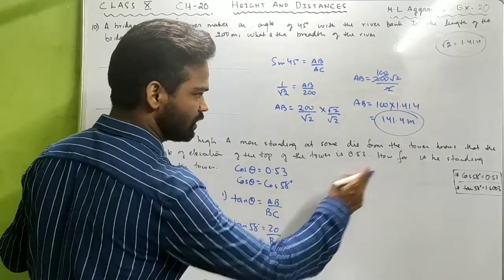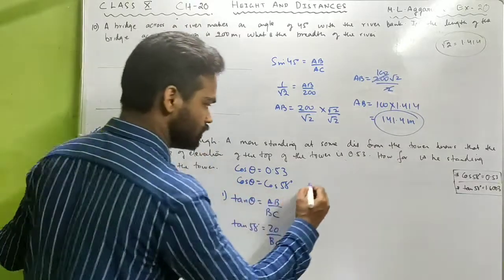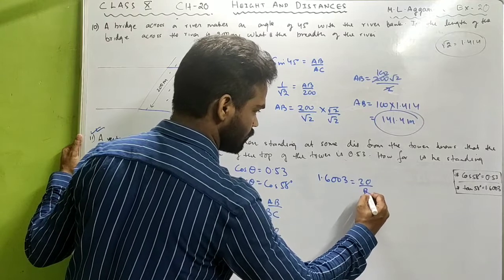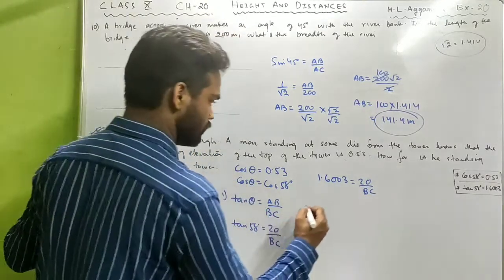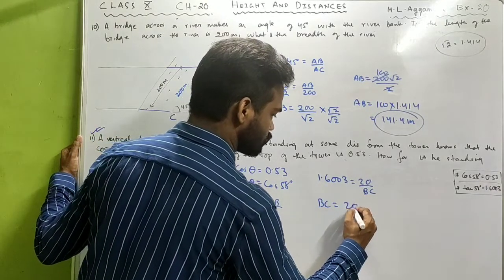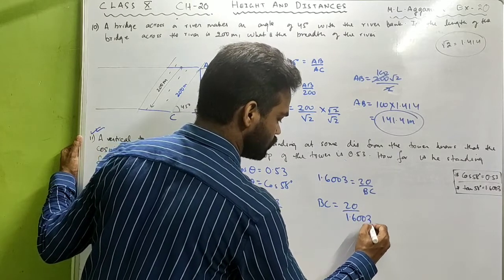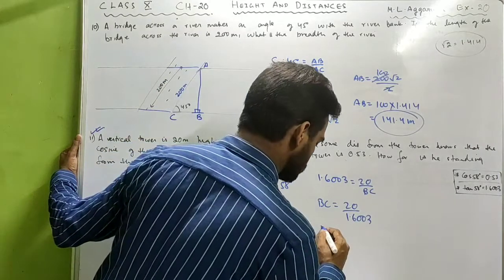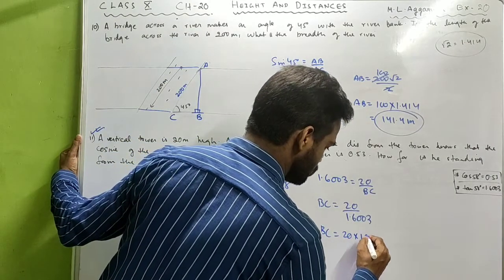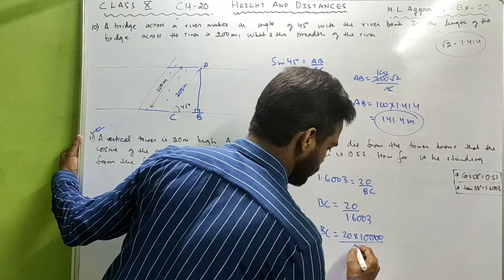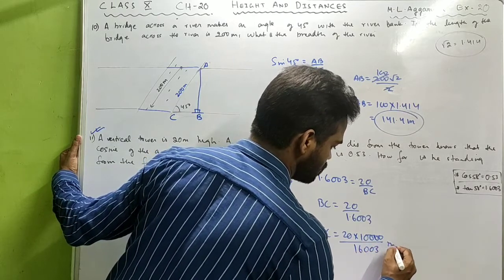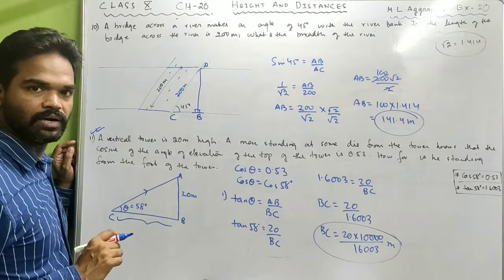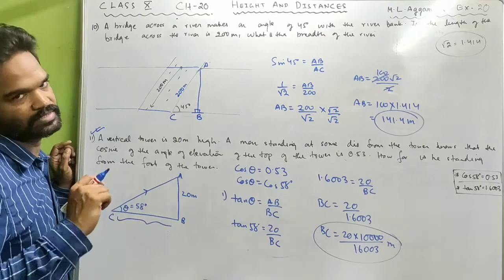Which means tan 58, again at the back you see, it's 1.6003, is equal to 20 by BC, which means BC is nothing but 20 by 1.6003. Am I clear? So your BC will be 20 into 10,000 by 16003 meters. You need to calculate this value. Clear? Now let us look at the next sum.